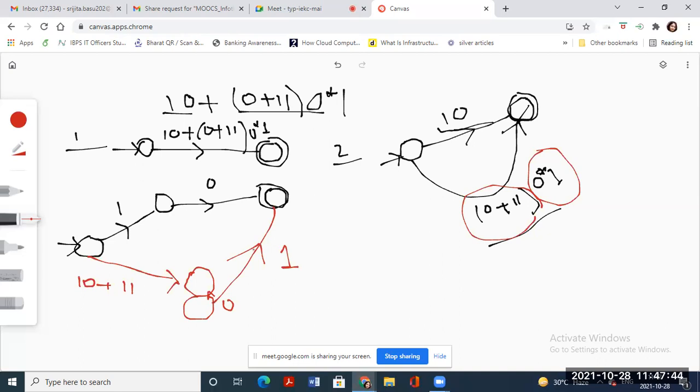Now another step is left, because this is also a regular expression and we need to break this into normal levels of automata.